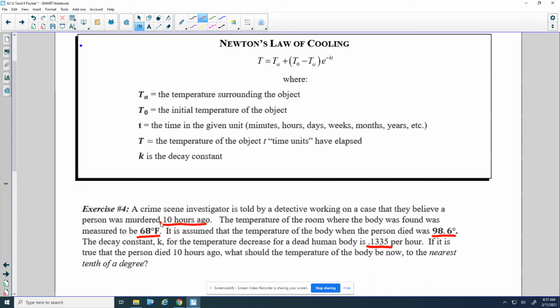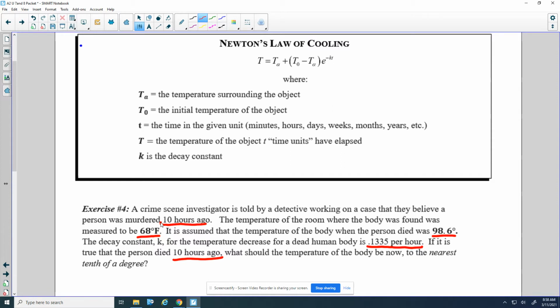So that's talking about, it's a little more complicated than this, but like what percent the temperature of the body goes down relative to the room temperature around it. If it is true that a person died 10 hours ago, what should the temperature of the body be now to the nearest tenth of a degree?